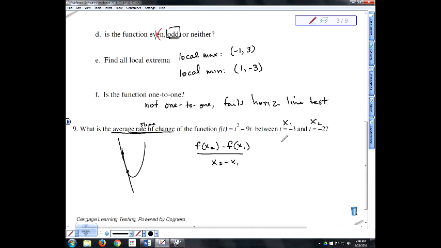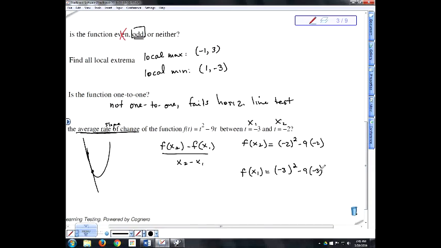So f of x2 is equal to negative 2 squared minus 9 times negative 2. f of x1 is equal to negative 3 squared minus 9 times negative 3. So here we get 4 plus 18, and here we get 9 plus 27.